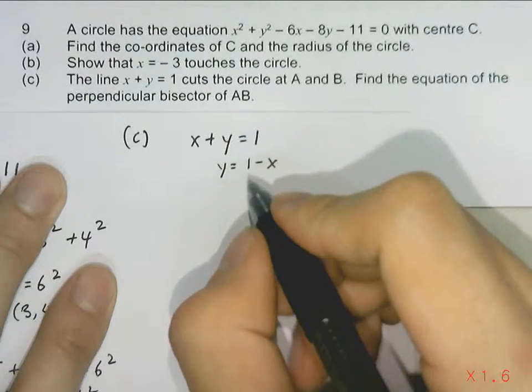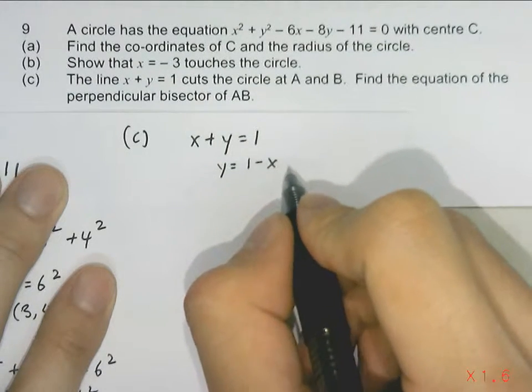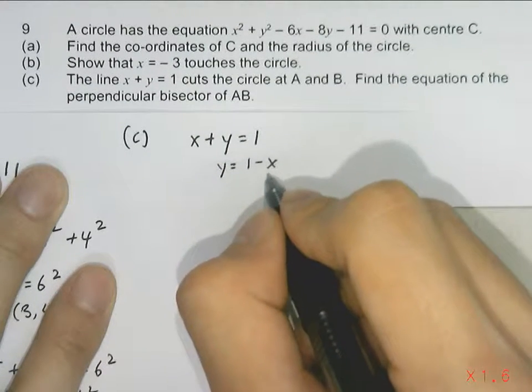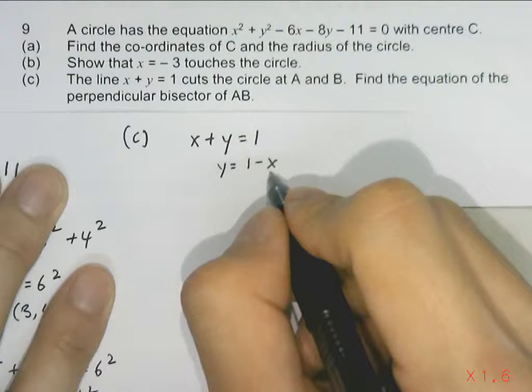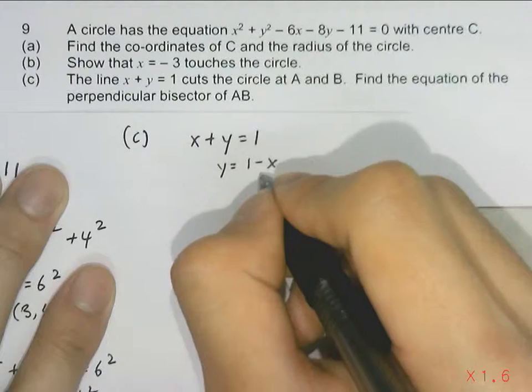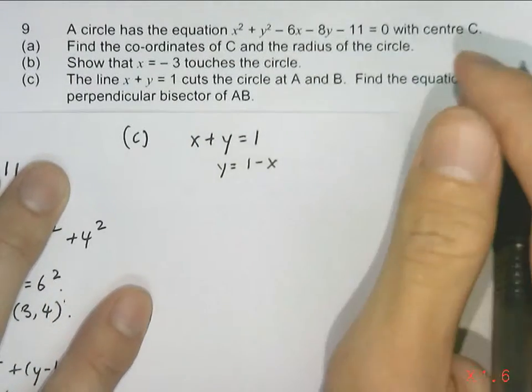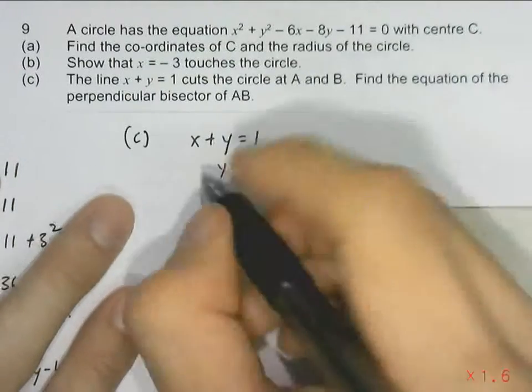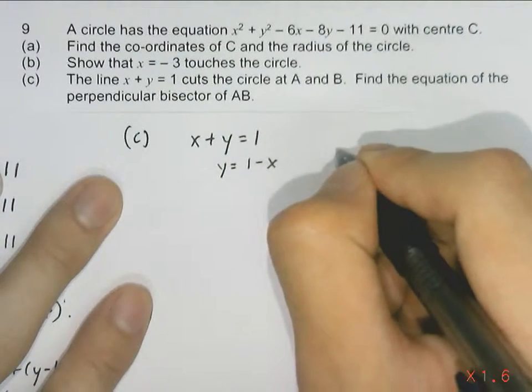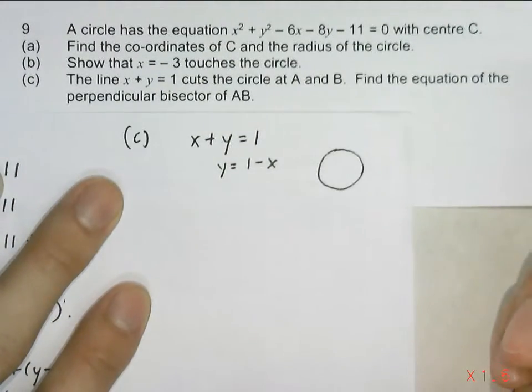So we can find that the gradient is minus 1. The gradient of the line that cuts through AB is minus 1. For any circle, let's not assume that it's a diameter.